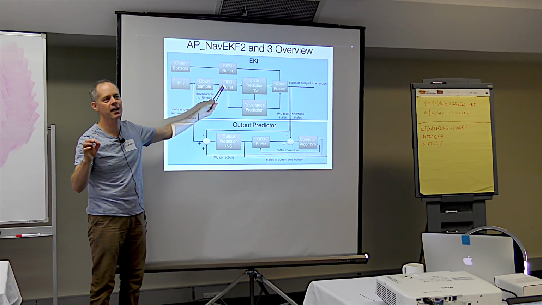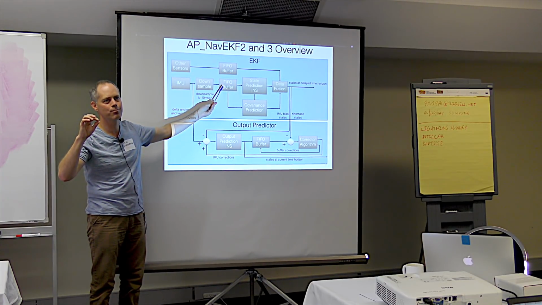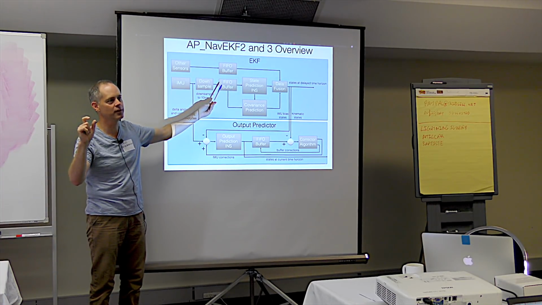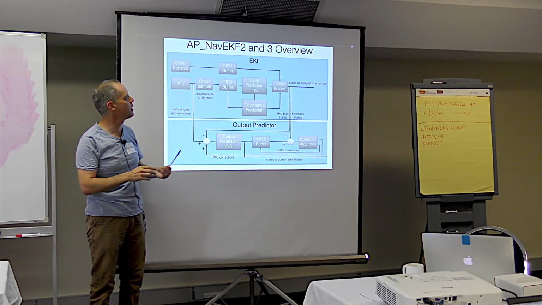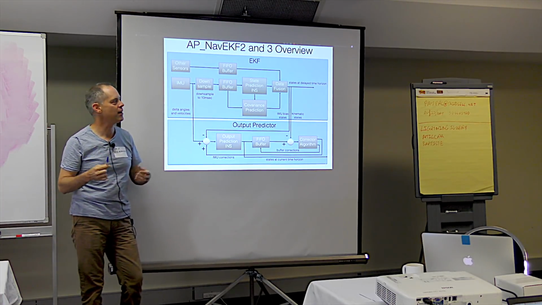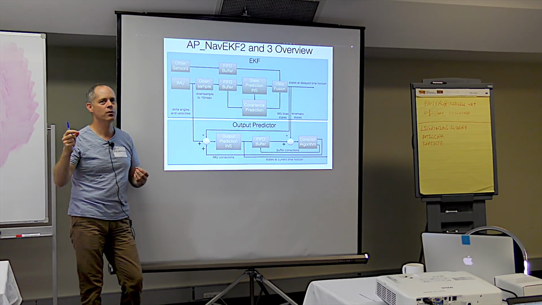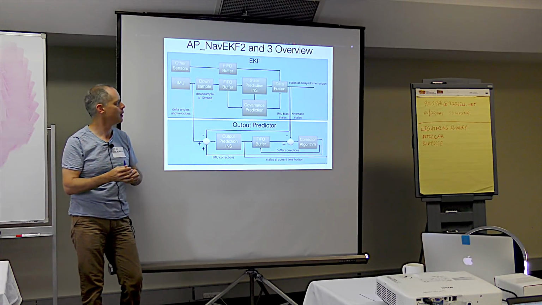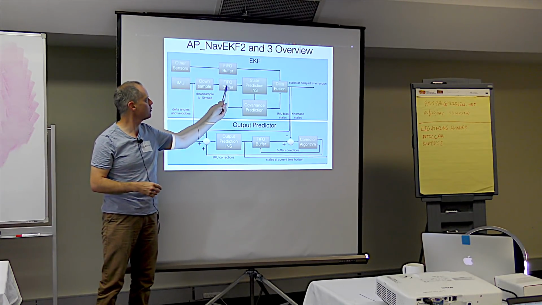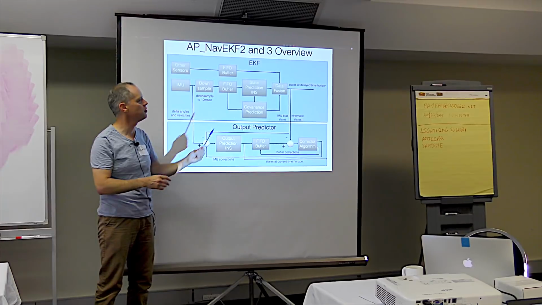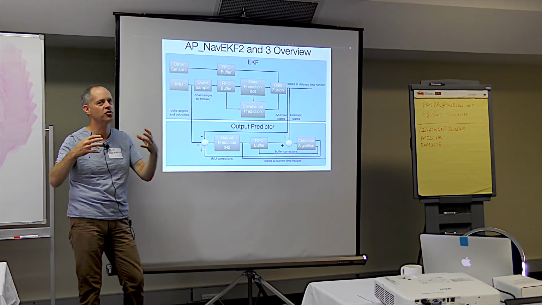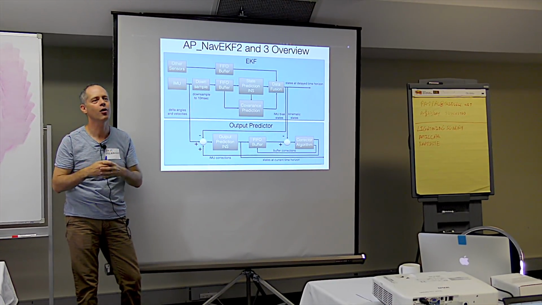It tells the EKF what's the measurement, what's the time of that measurement, including the delay. And then the EKF pulls the data out of the buffer when the timestamp reaches the same time as the IMU data it's using, so that it attempts to use data at a consistent point in time.